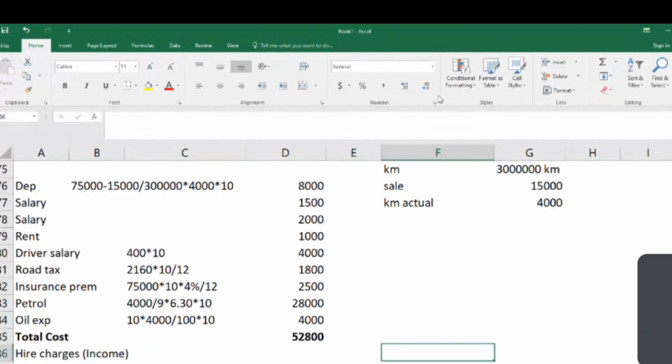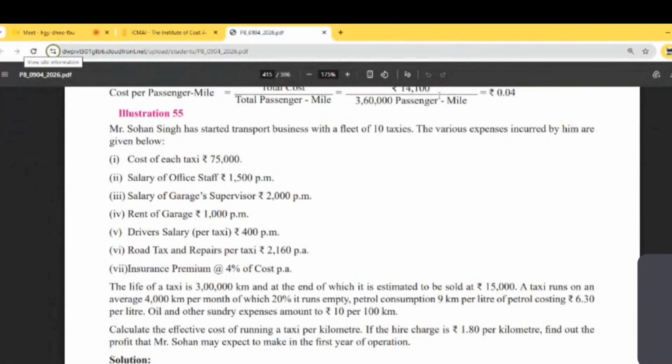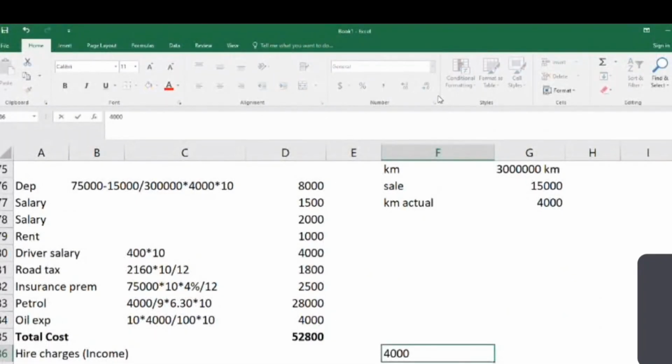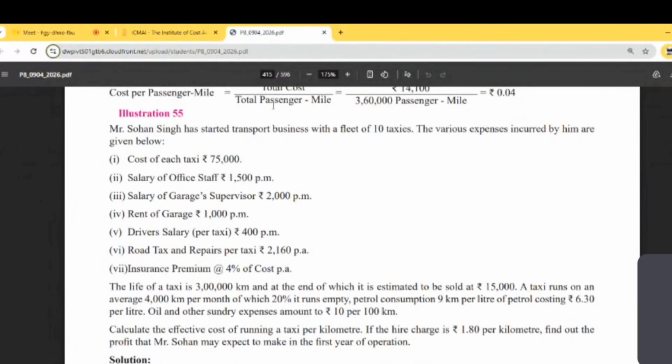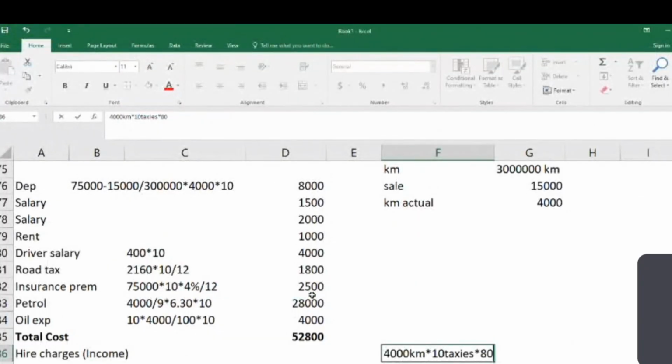I will write here, hire charges is 4,000 kilometers you are running into 10 taxis. 10 taxis you are running, but 20% is running empty. They have mentioned here, you could see. So 80% only you can charge.